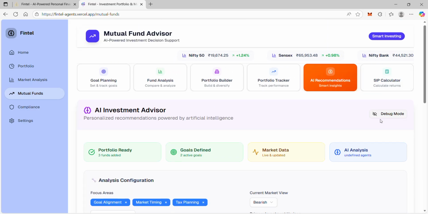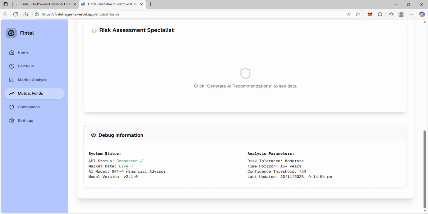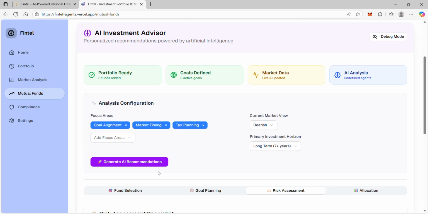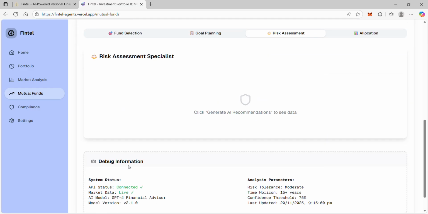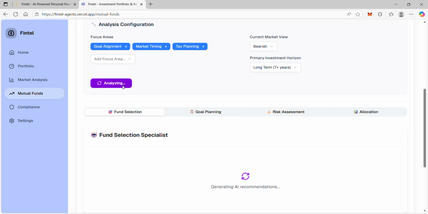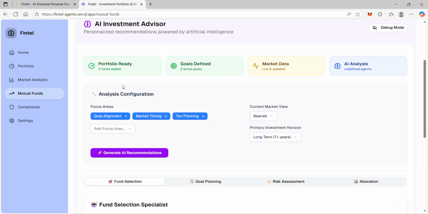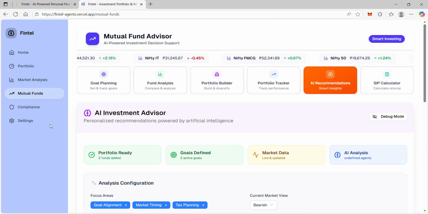Just a second. Yeah, the API is down. I just need to restart it.